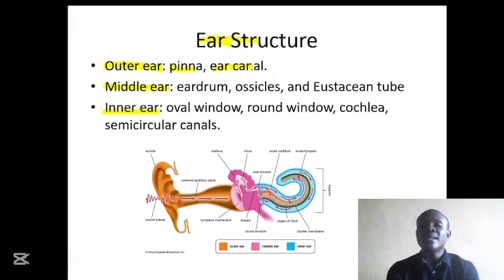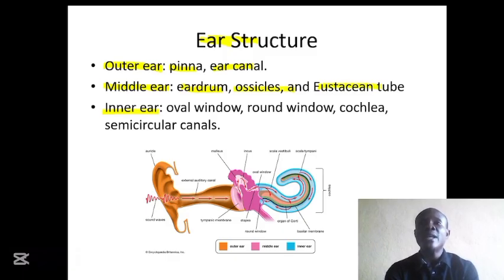The auditory canal helps to transmit those sound waves to the eardrum of the middle ear. The middle ear consists of three main parts, that is the eardrum, the ossicles, and the eustachian tube.